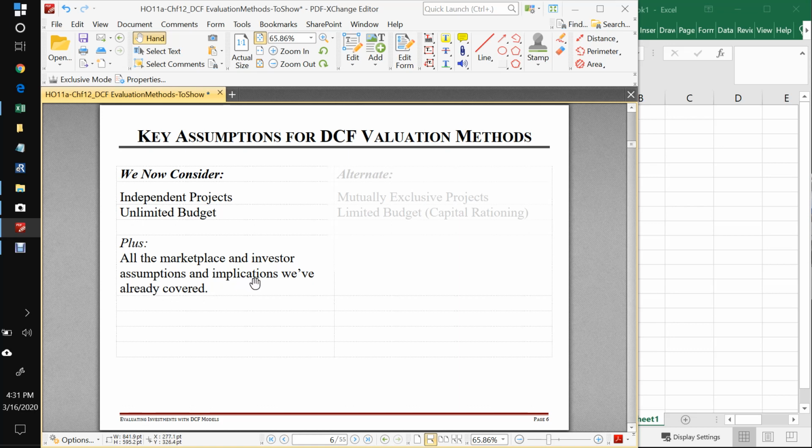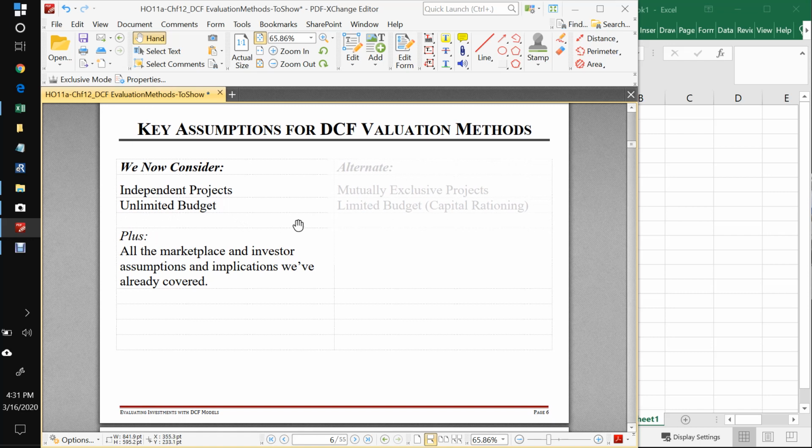So I covered some of those in chapter 8 and some more in chapters 9 and 10. There was one page that just had this horrific list of all the assumptions needed for our models. That horrific list still applies. Plus, we have independent projects. Plus, we're assuming an unlimited budget.